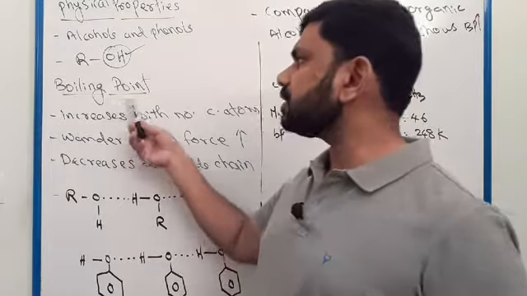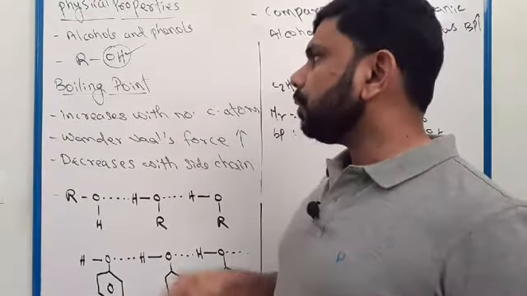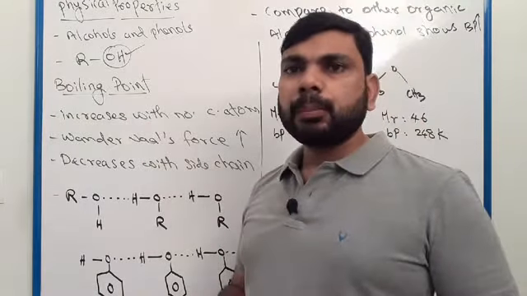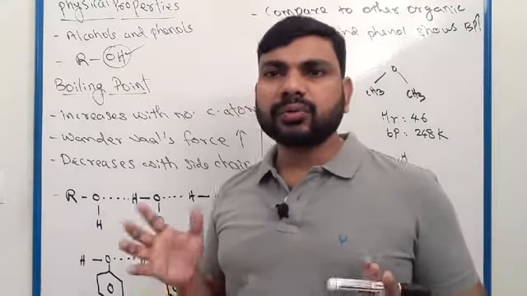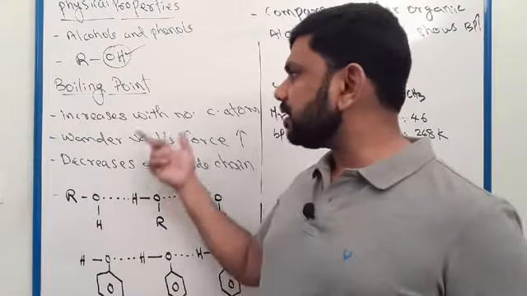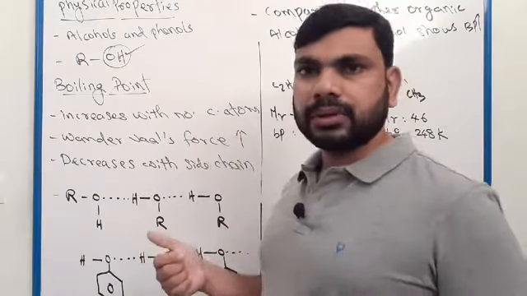First one, we have to discuss here boiling point. Boiling point of alcohol or phenol increases with the increasing number of carbon atoms.